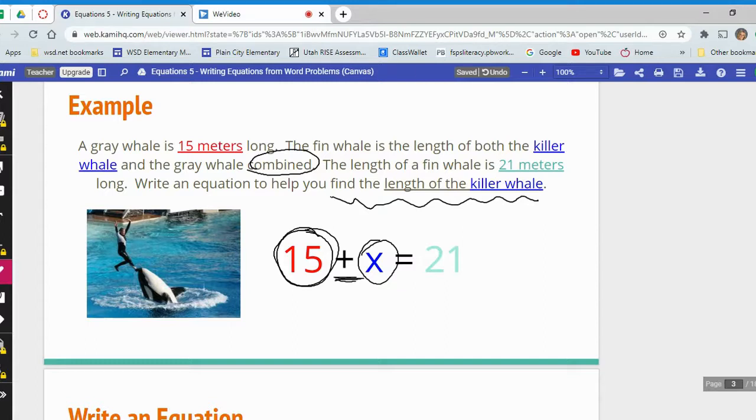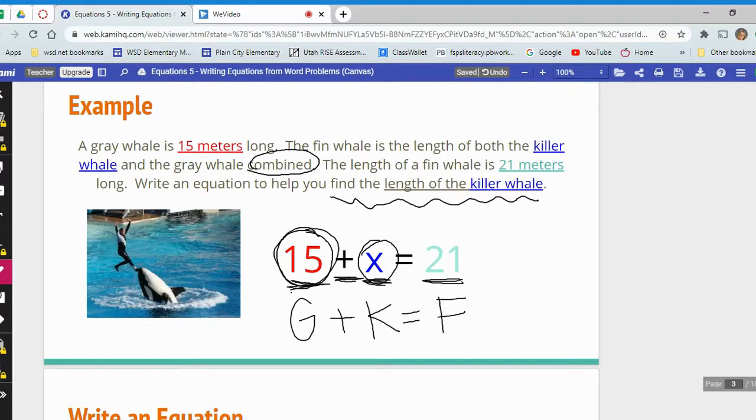But we do know when we take the gray whale and the killer whale, that's going to give us the fin whale. So if we were going to put these all in letters, we could say this is the gray whale plus the killer whale gives us the fin whale.